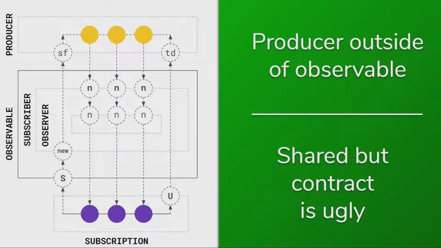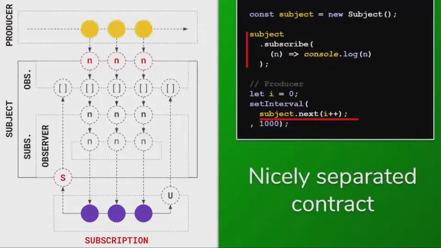So for this problem, RxJS came up, or Rx in general, the pattern, it's not a library, right? It came up with something that is called a subject. So what is a subject? A subject nicely separates the logic that is responsible for observing and the logic that is responsible for producing.